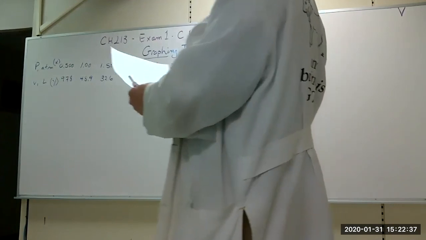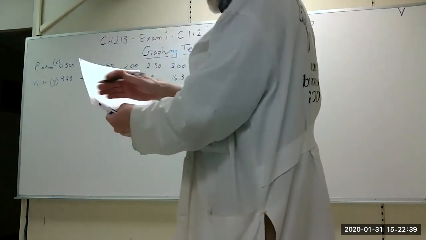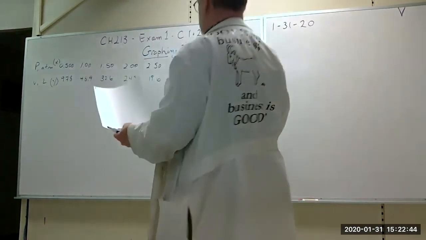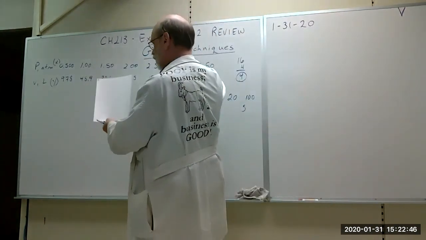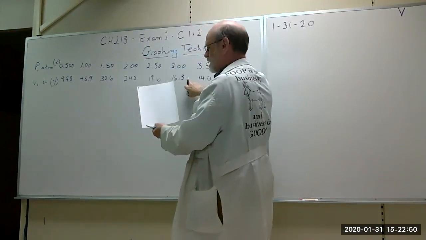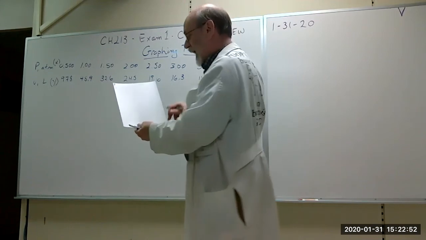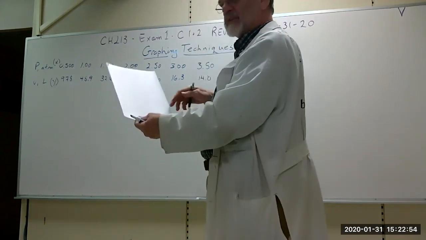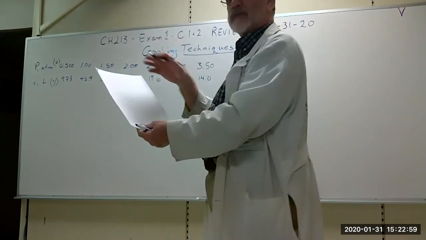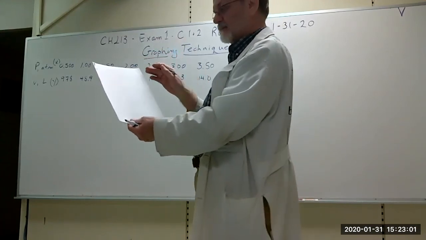So now we've got our axis labeled with pressure on the x-axis in portrait, volume on the y-axis, and we've got our axis labels. So we have pressure, parentheses, ATM, and on the y-axis we have V, parentheses, L for liters.